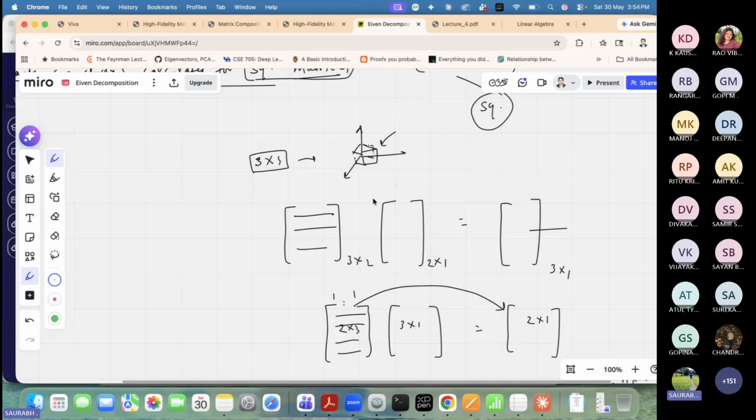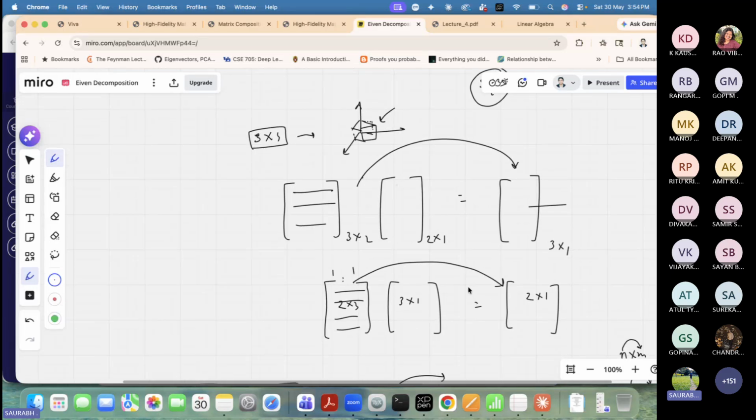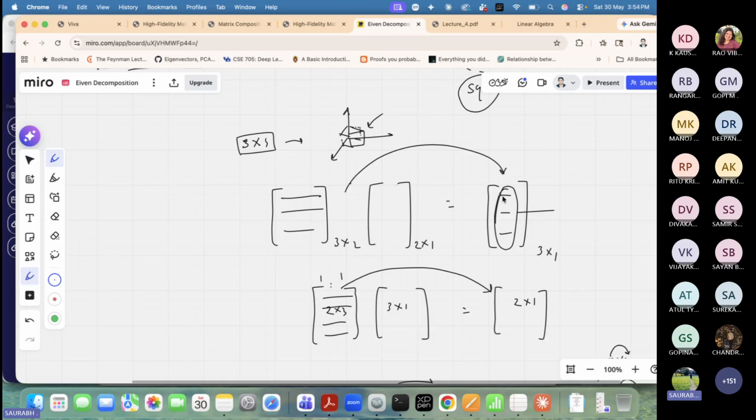In this particular case, the vector that you are getting is this column vector. It is one particular point which has three values.